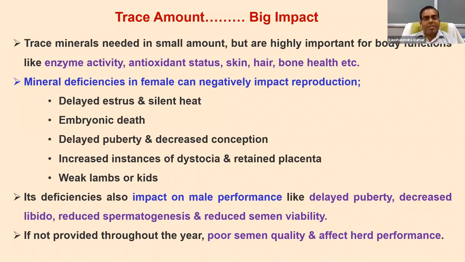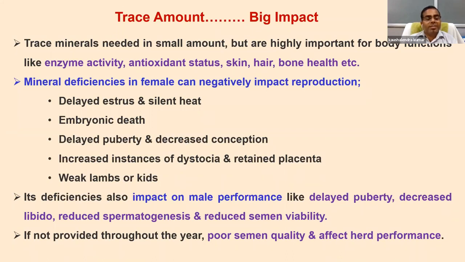Their deficiency in females can negatively impact reproduction. Their deficiency in males also impacts the performance of the buck and male animals. So in the case of the female, what happens? Delayed estrus cycle and silent heat are major concerns for farmers. Animals do not show whether they are in heat or not.